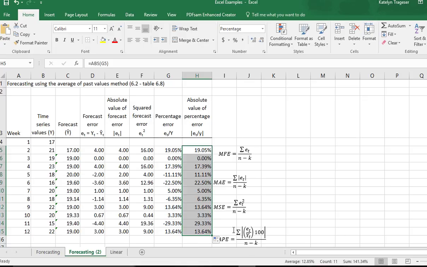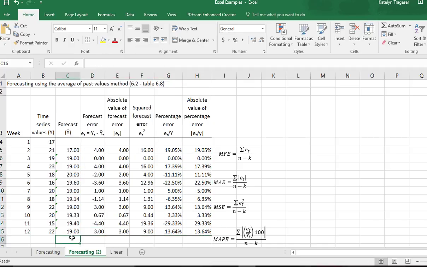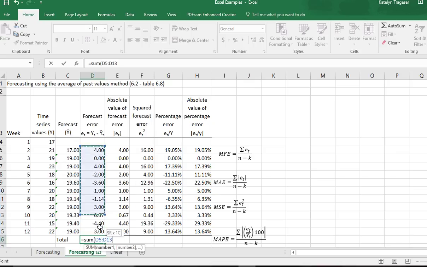Now our next task is going to be to calculate our errors. So we know before we can do that, we need to get some totals here, calculate some sums. So total equals sum here.